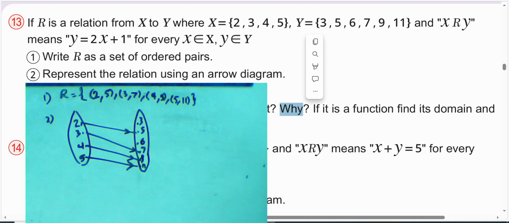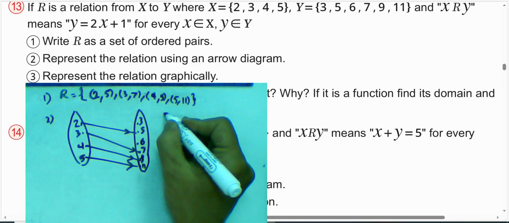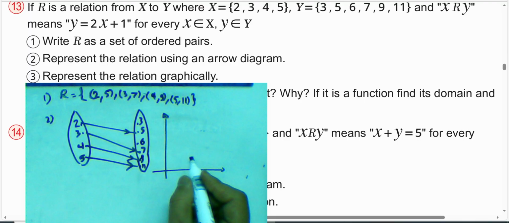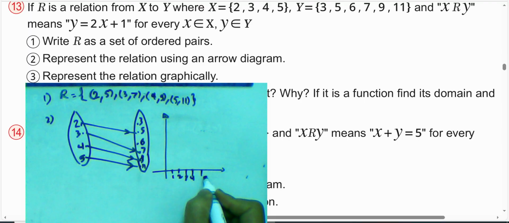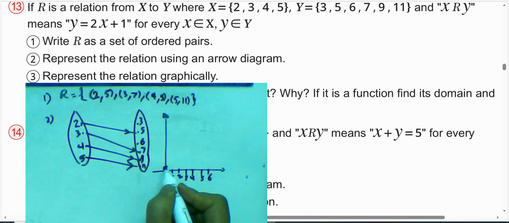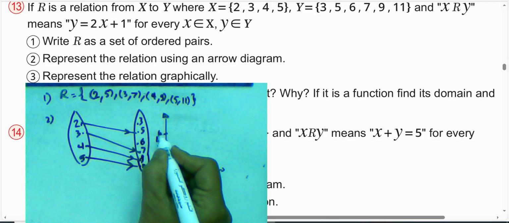Number 3: represent the relation graphically. Okay, graphically you can draw a table, horizontal and vertical. X down: 2, 3, 4, 5. We start 1, 2, 3, 4, 5, 6, and here the greatest number was 11. Start 2, 4, 6, 8, 10, 12.